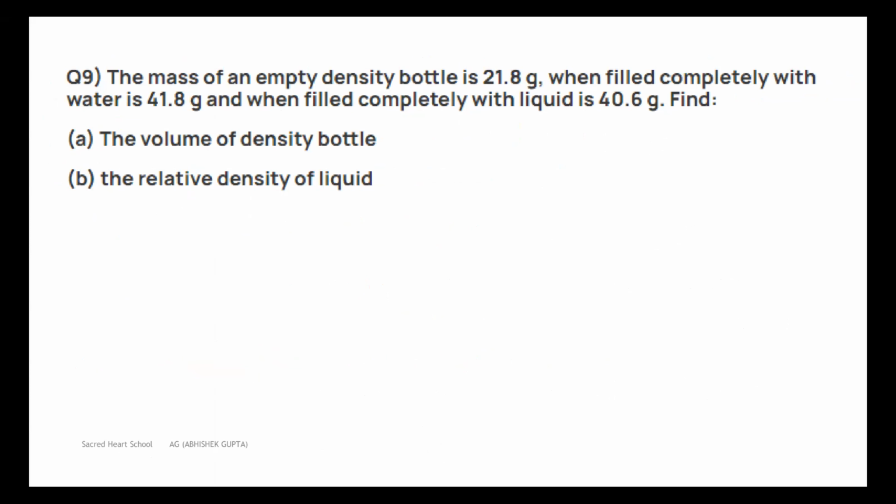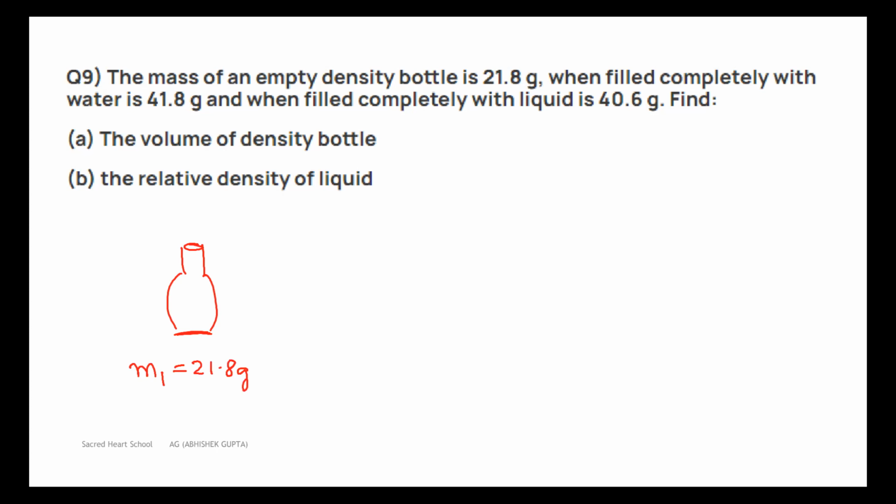So question number 9. Mass of an empty density bottle is given. Suppose we have a density bottle. So let's understand first. We have a density bottle like this. The mass of this empty bottle is how much given to you? 21.8 gram.